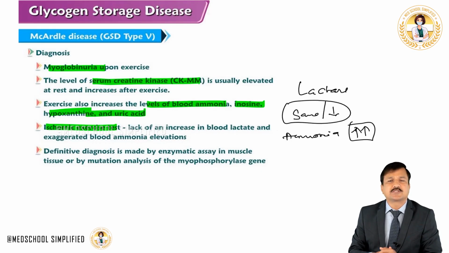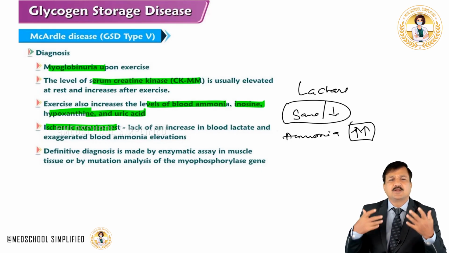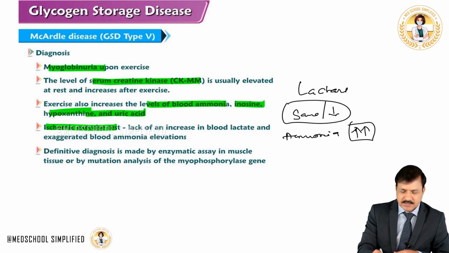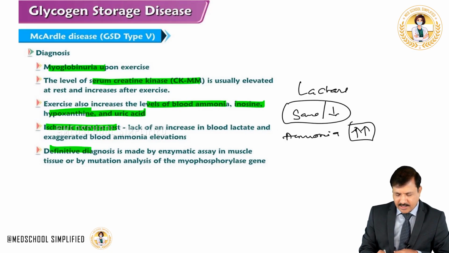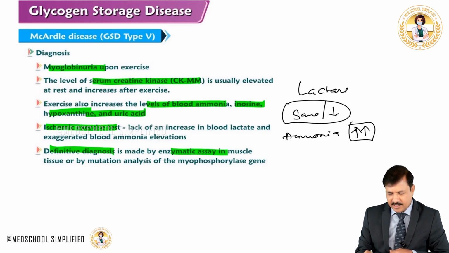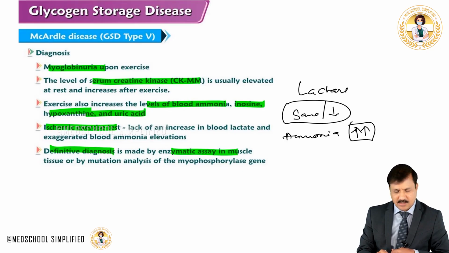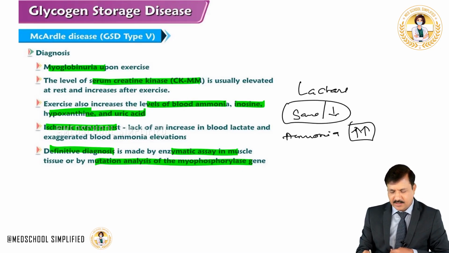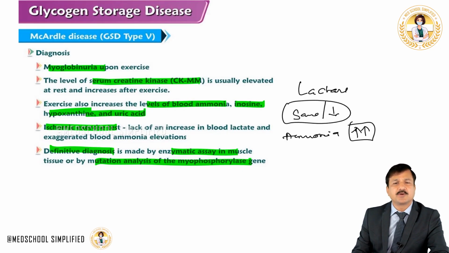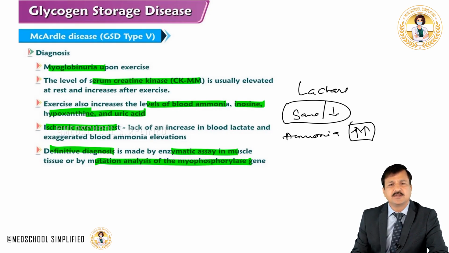This is a positive ischemic exercise test and the patient will be sent for a further definitive diagnostic test, that is an enzymatic assay in the muscle biopsy, or we can do gene analysis for the myophosphorylase enzyme gene.